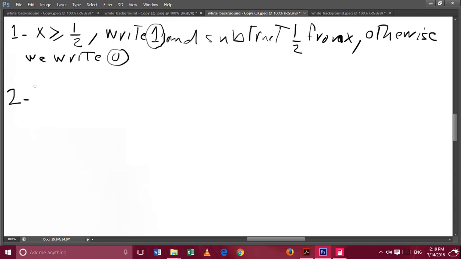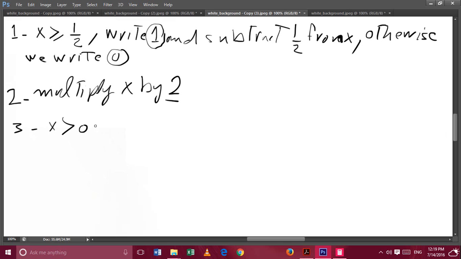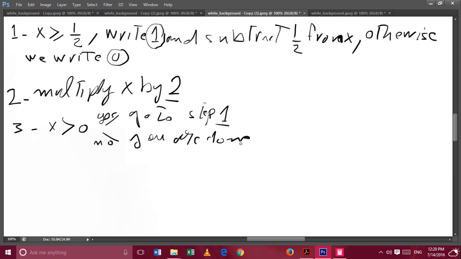Okay, step number 2, multiply x by 2. Step number 3, check to see if x is greater than 0. Two possibilities. If yes, go to step number 1. If no, if x equals 0, then you are done. That's it.